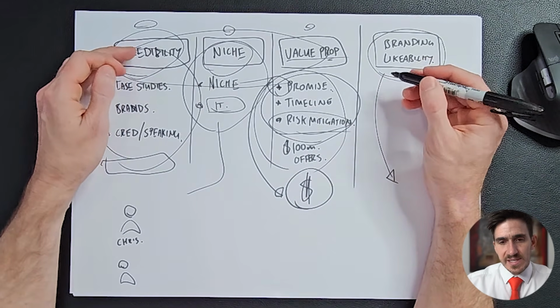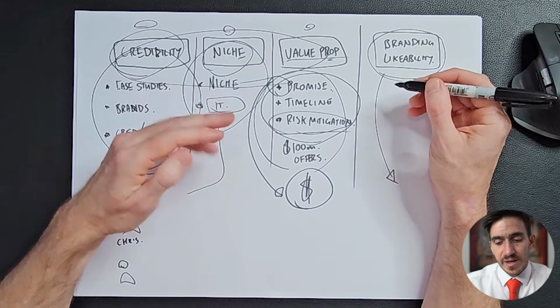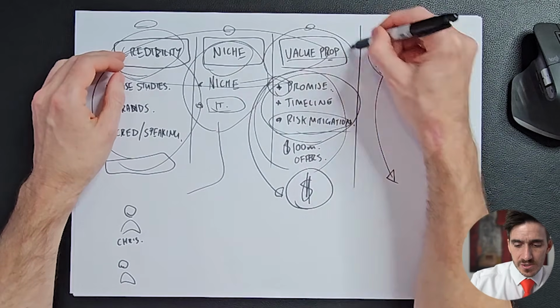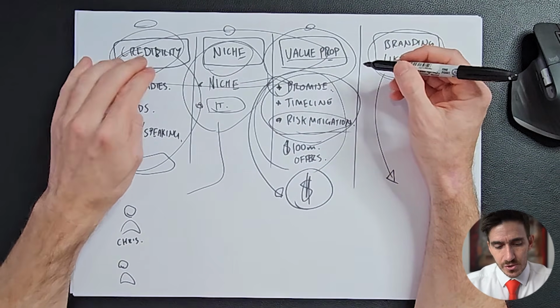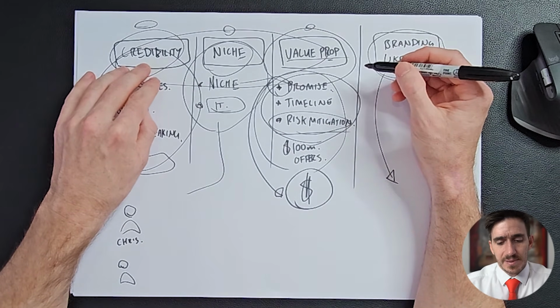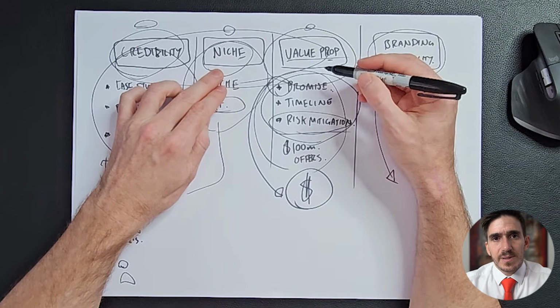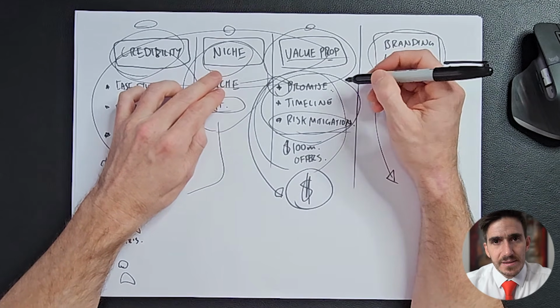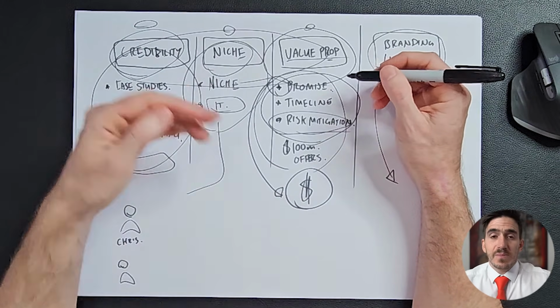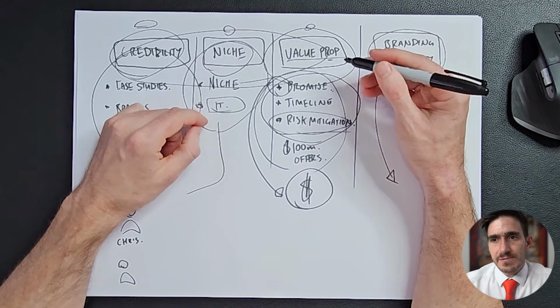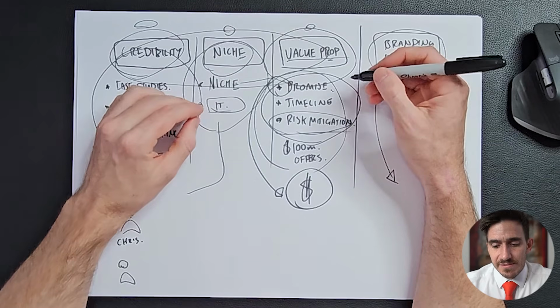Whereas, as another example, with a new software product, you might just need to focus on a strong value prop because you're new, you don't have the credibility, you're not at big companies. Maybe you can niche and solve a specific problem, but having a strong value prop is all you really need, because you say, I solve this specific problem. Maybe you have a freemium model where people can get started for free and start to see the value.